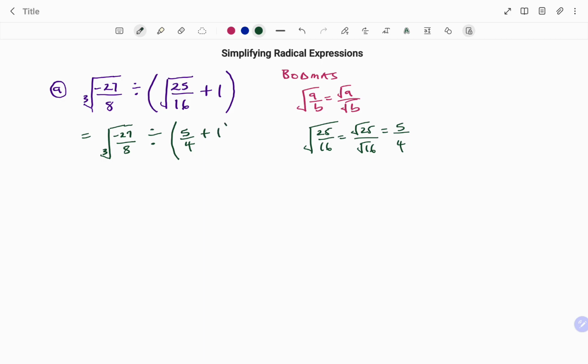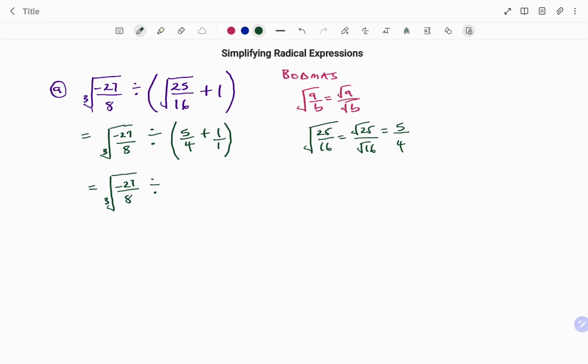So square root of 25 over 16 gives me 5 over 4 plus 1. I still need to solve the content of my bracket. So I have cube root of minus 27 over 8 divided by the content of my bracket, 5 over 4 plus 1. I have to make the denominators the same. This is over 1. The LCD, or lowest common denominator, is 4.